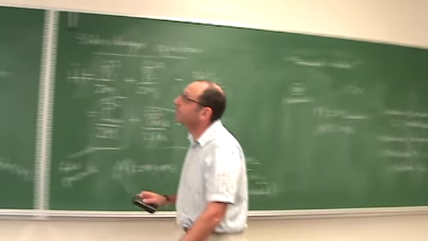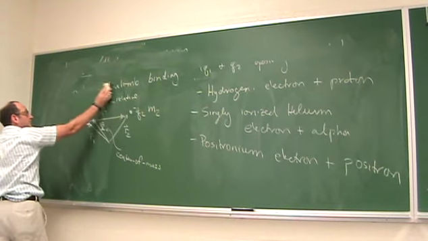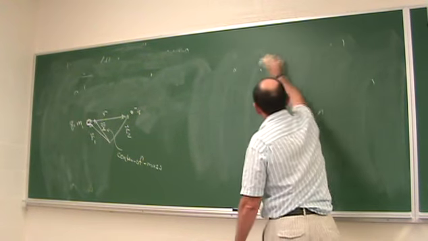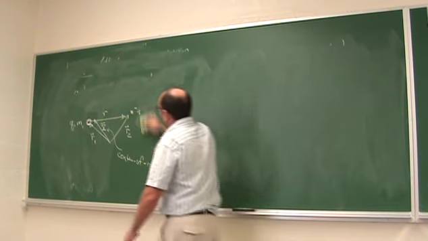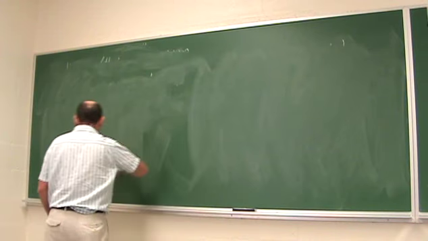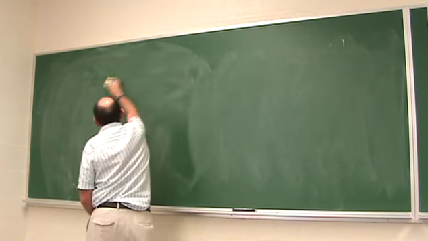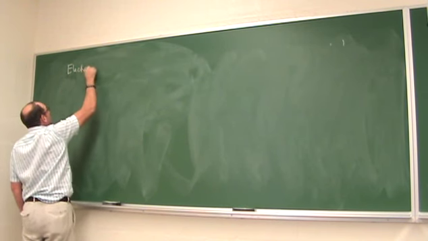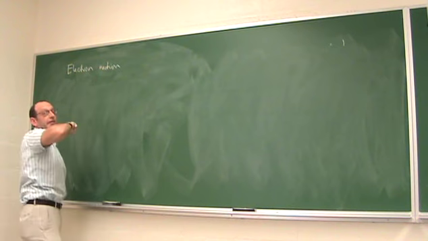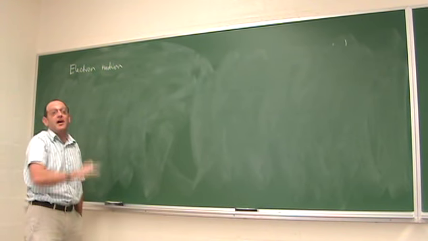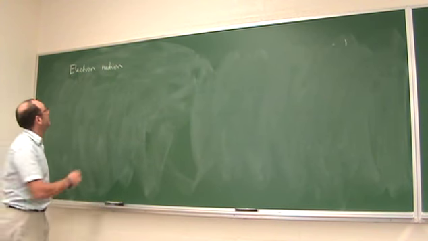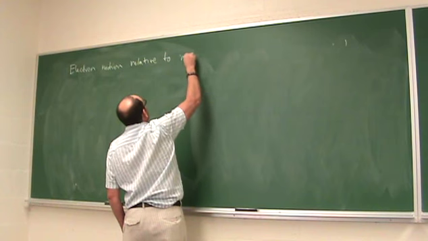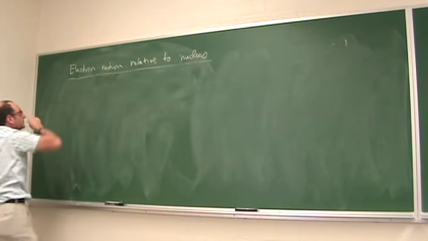So with that said, let's think about now writing the Schrodinger equation associated with electron motion, which is really the reduced mass motion, but to very good approximation, the approximation we care about right now, it's the electron motion relative to the nucleus.